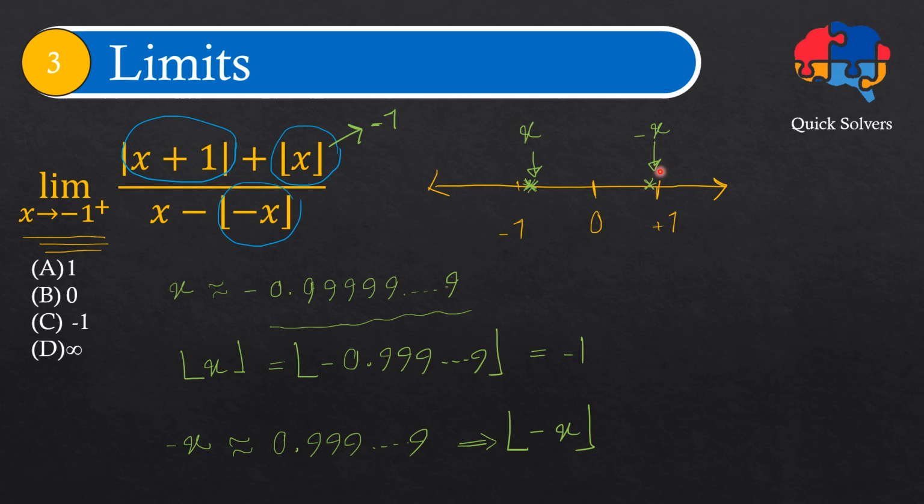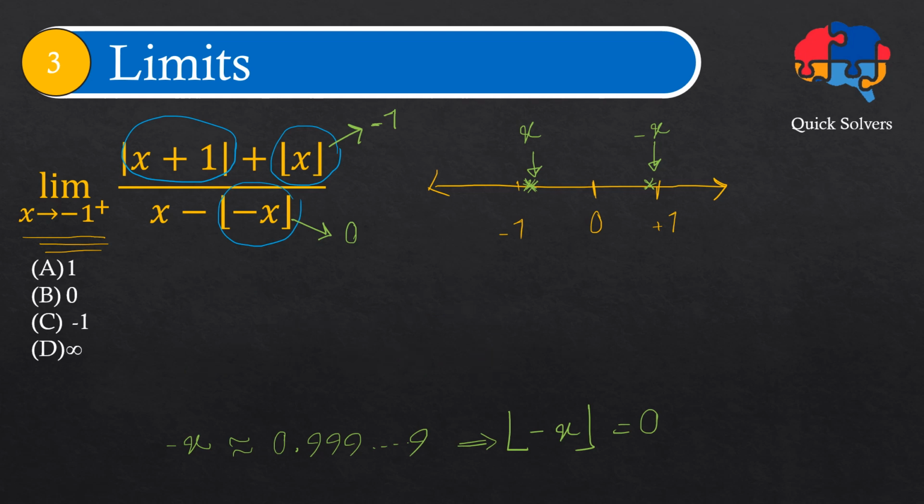The greatest integer less than -x is 0, because the other integers less than -x are -1, -2, -3, and those are all smaller than 0. That means this equals 0, and I can replace this by 0. Okay, so let me get rid of this so we have some space to work on the absolute value now.